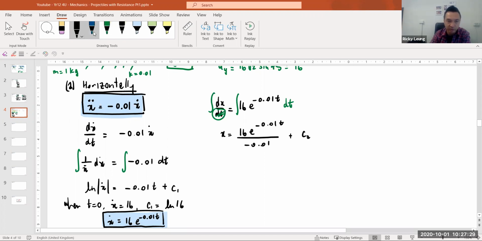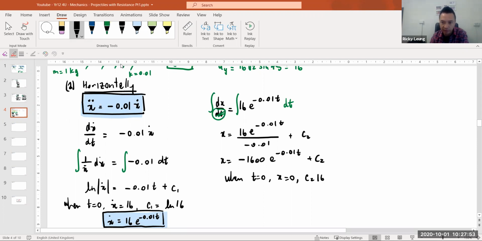Now let's clean this up a bit. So x equals that divided by 0.01, so it actually multiplies by 100, so negative 1600 e^(-0.01t) plus c2. Right, when t equals 0, initial conditions is that it's at the origin, then 0 equals negative 1600 plus c2, so c2 is positive 1600. Sub that in and I get an expression, factorize it as well: 1600(1 minus e^(-0.01t)).